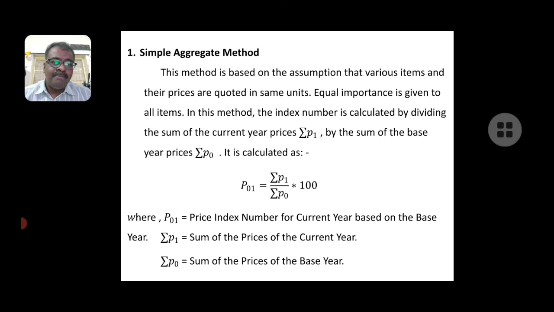So wherein P01 is the price index number for the current year based on the base year, sigma P1 is equal to the sum of prices of the current year, and sigma P0 is equal to the sum of the prices of the base year.